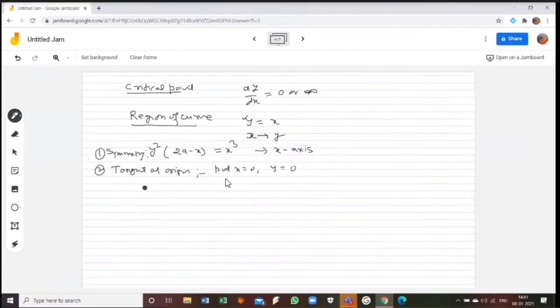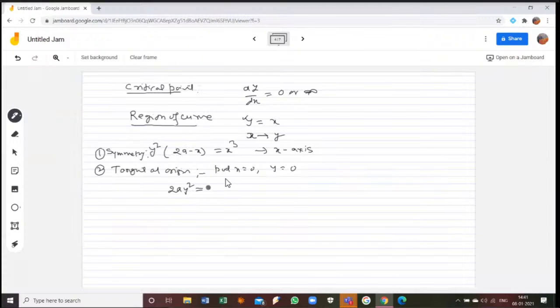Then you have to find the tangent at the origin. What is the lowest degree term in the curve equation? That is 2ay square.